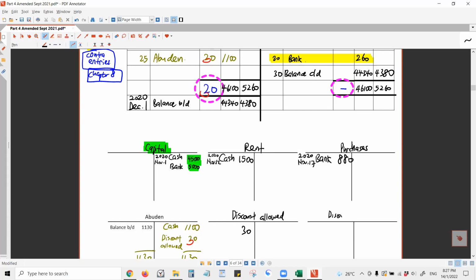Then you create another discount received account. I know there's nothing right now in the discount received column, but let's say there is a figure there. You have to bring it down here to the discount received account. You write it here, if there's a figure there. Then for the detail, you have to write total for the month. Same goes to here, total for the month.